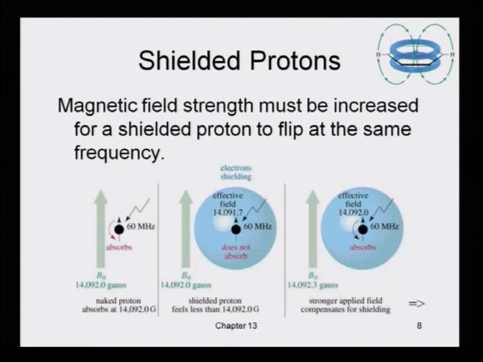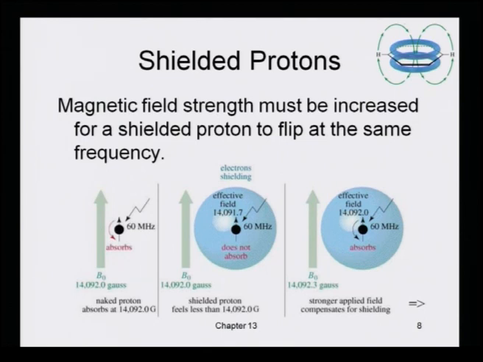However, if there are shielded protons, that means there is a provision of electrons which can shield, then the proton feels a little less effect of that, and the effective field is now 14,091 at the same 60 megahertz radio frequency.